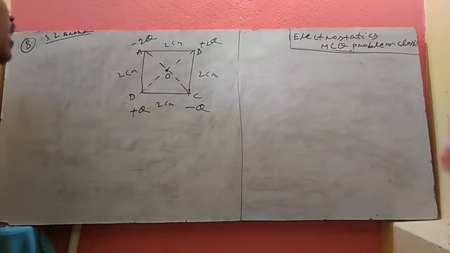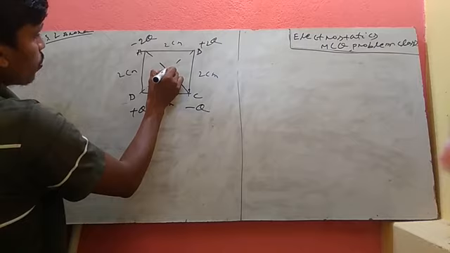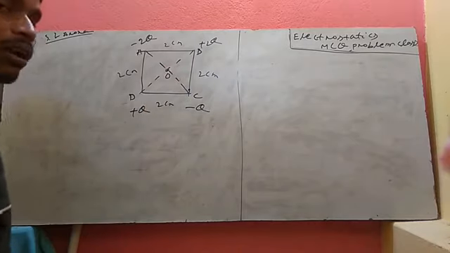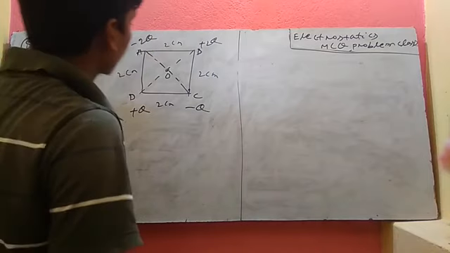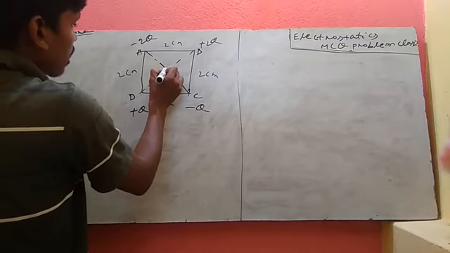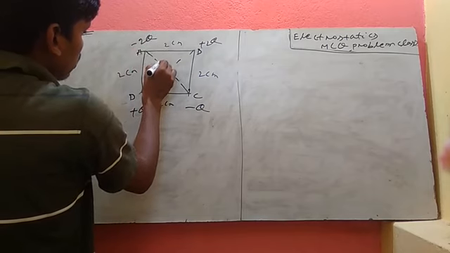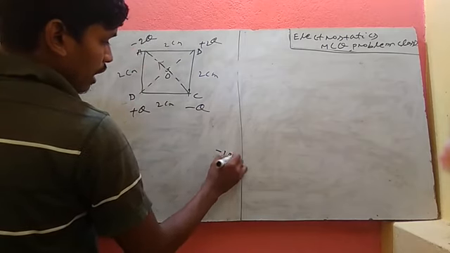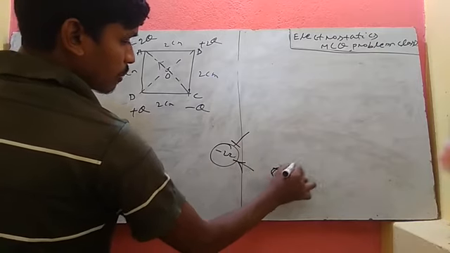A is the negative charge, so for the electric field we have already known: due to a negative charge, the direction of the electric field at point O is in this direction. Negative charge field is inward, positive charge field is outward.